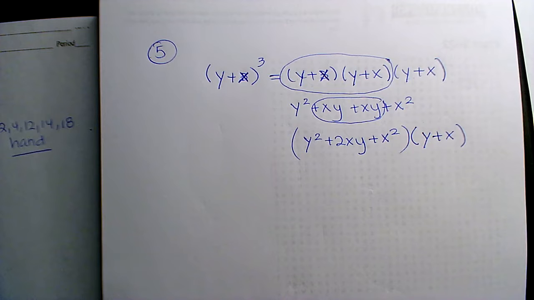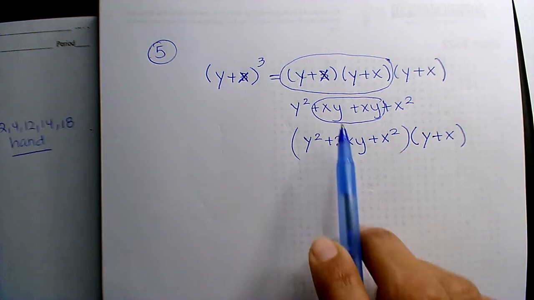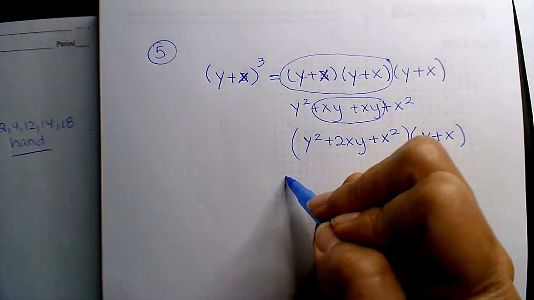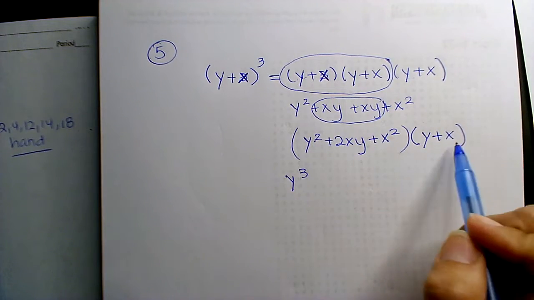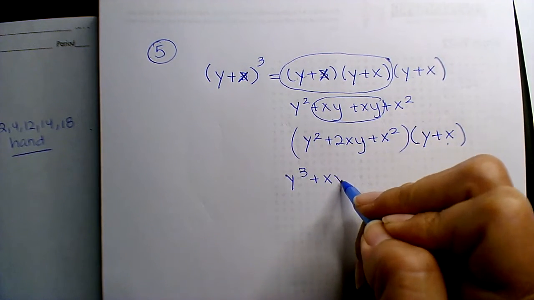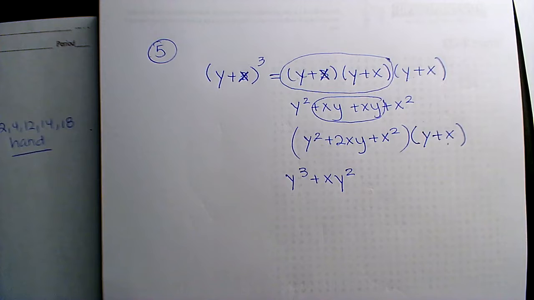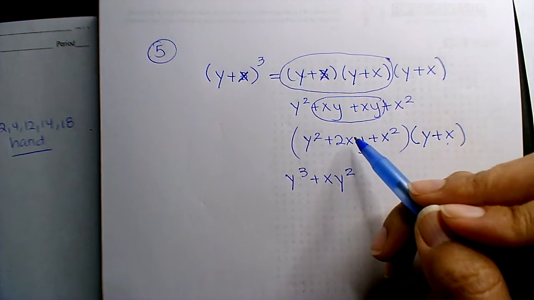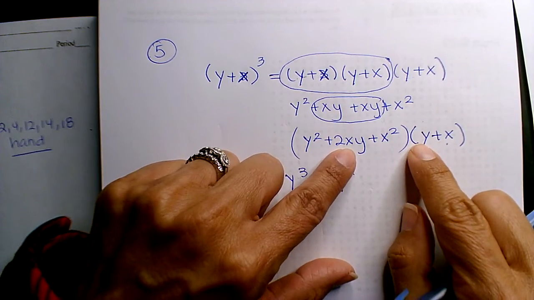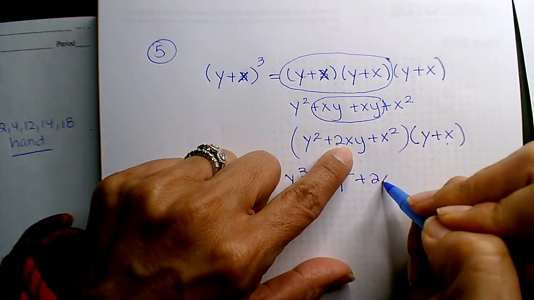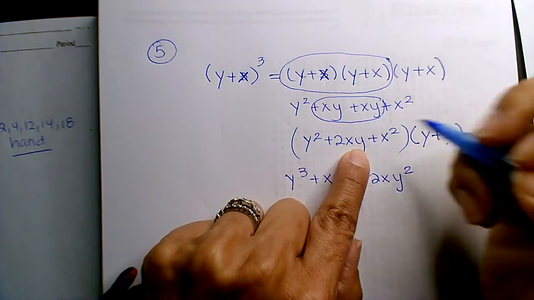So now you have to continue to expand. So y squared times y is y cubed, y squared times x is xy squared. 2xy, okay, so 2xy times y is 2xy squared, because there's 2 y's, right?